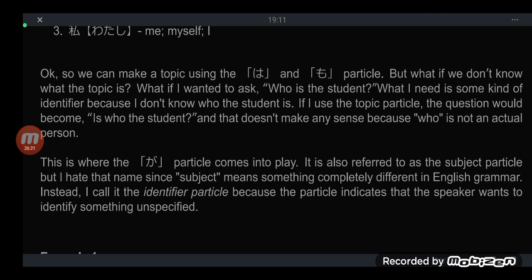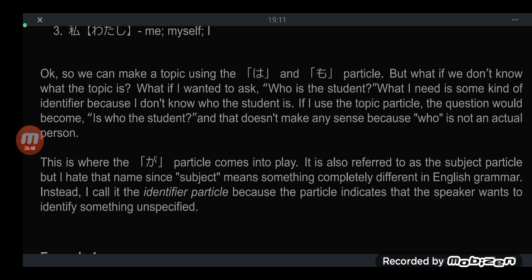Watashi ga kanji wo kakimasu. Again, watashi ga kanji wo kakimasu. Watashi ga, meaning who is the doer of the action?